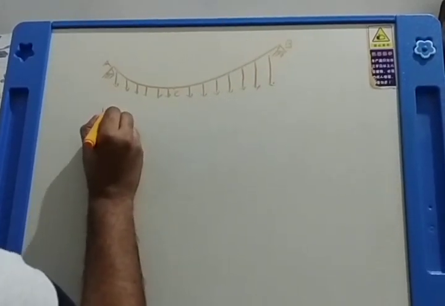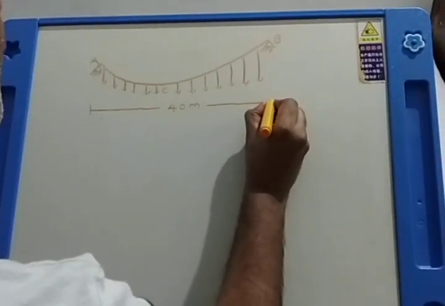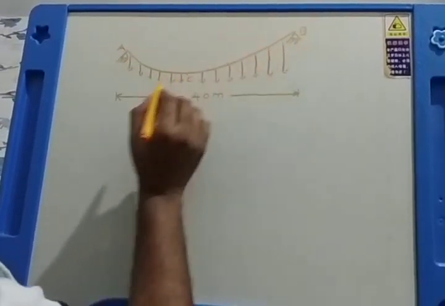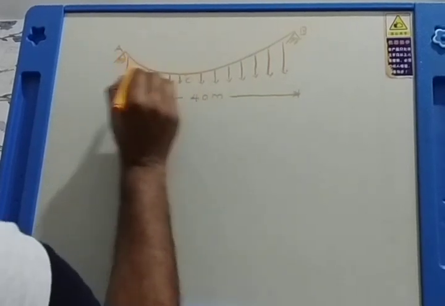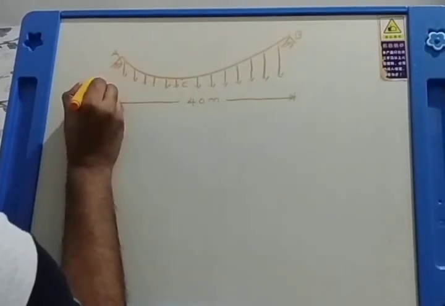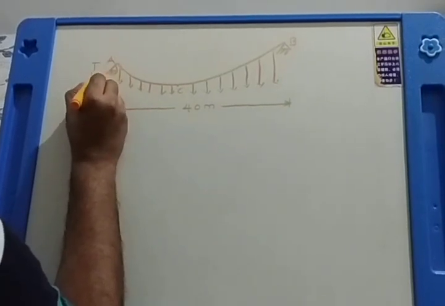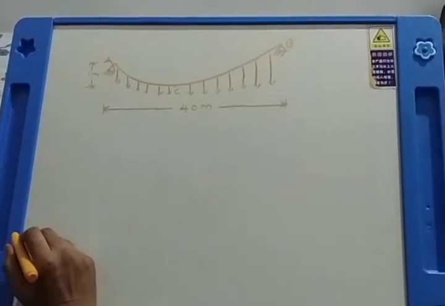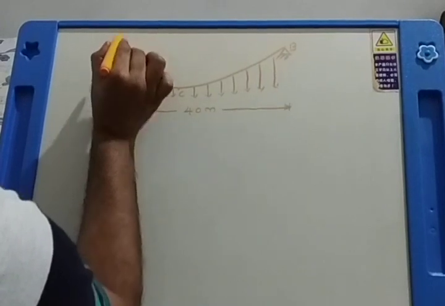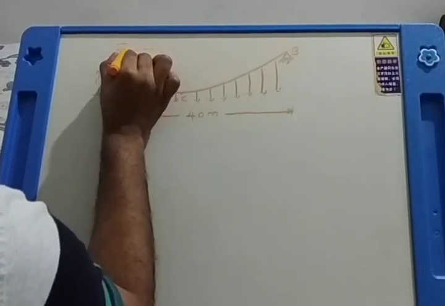The span of the cable, let us take it as 40 meters, and there will be two dips because the cable supports are not at the same level. Now the vertical distance between A and C, let us take it as 1 meter, and the vertical distance between A and B, that is B level is here, this is 2 meters.